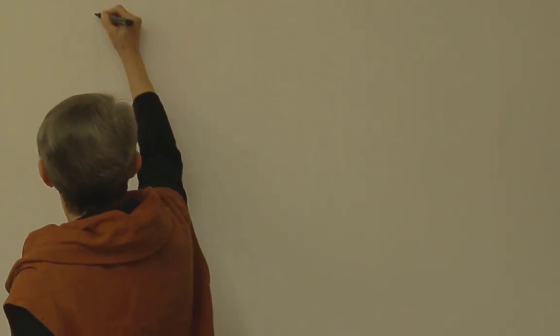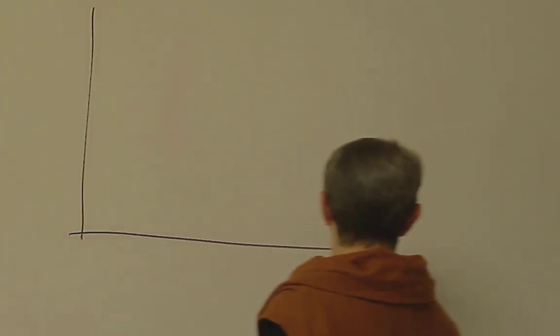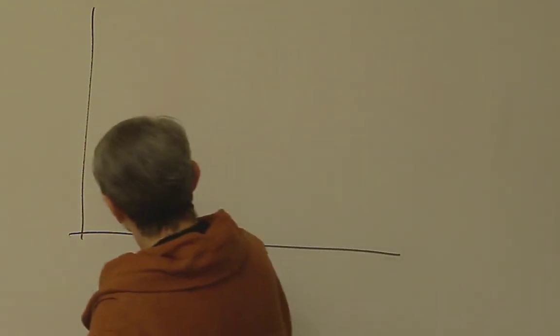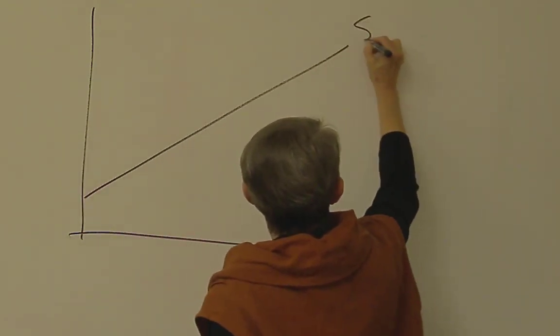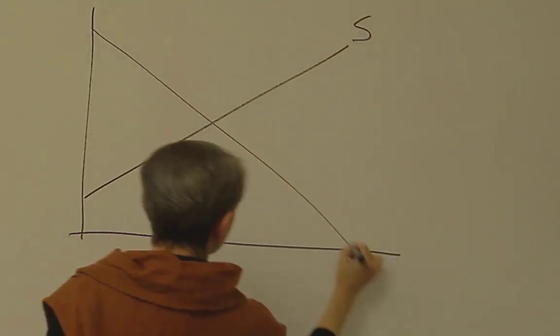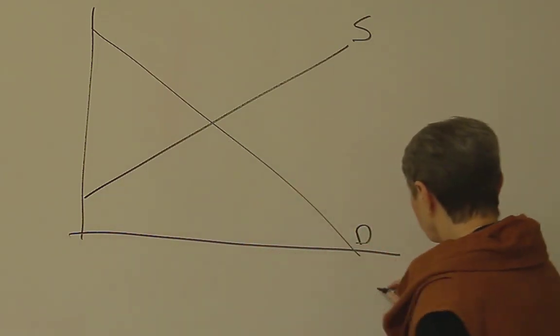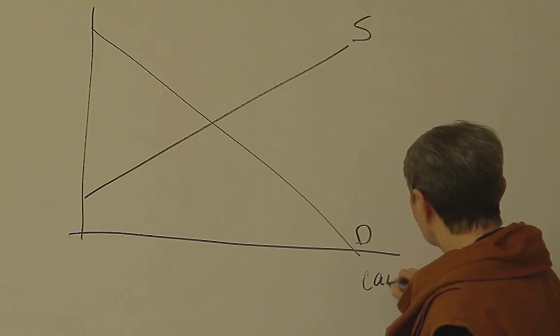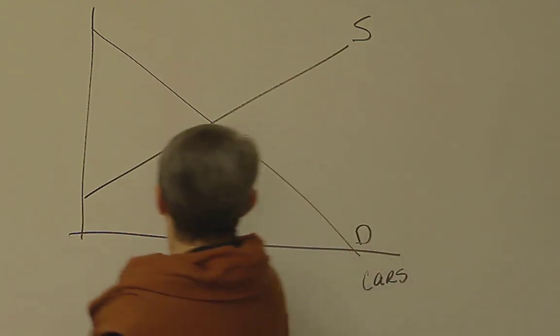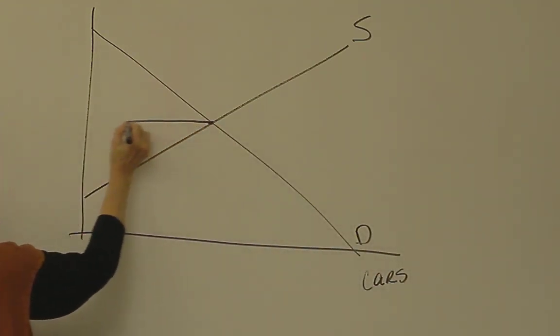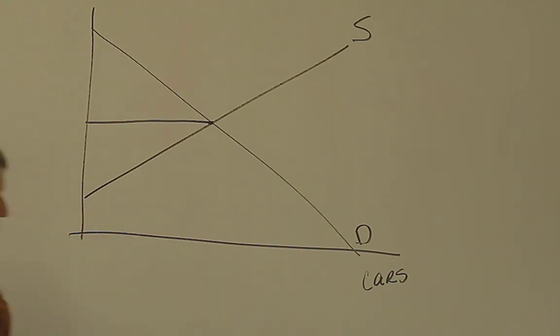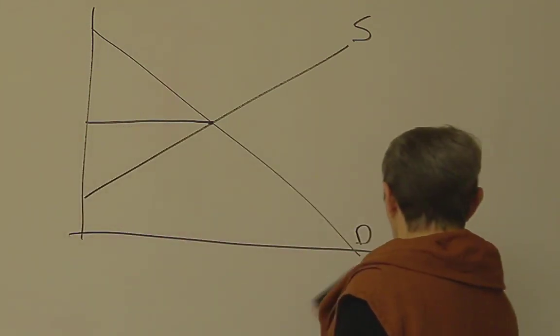And so let's just assume we have a domestic economy, and here's the supply curve, here's the demand curve for, I don't know, let's have it be cars. And here's the equilibrium price. Let's say, well, this can't be cars because I'm going to use a price of $30.